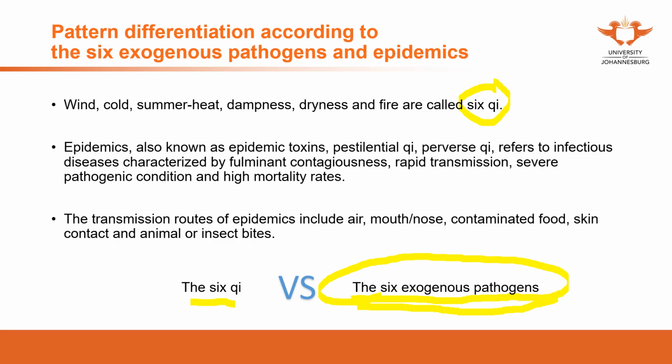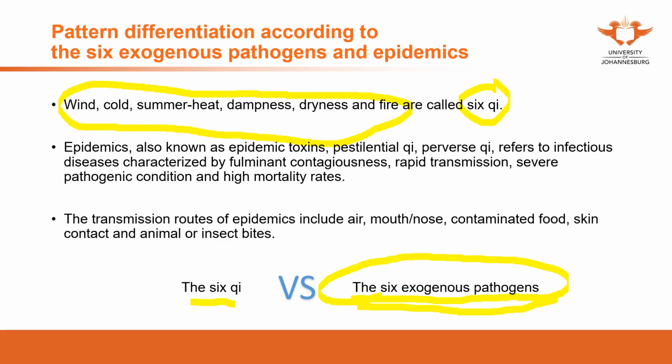The 6 exogenous pathogens are also the wind, cold, summer heat, dampness, dryness, and fire. So these two, from the terms, from the names, are exactly the same. The only difference is whether or not these things can cause diseases.